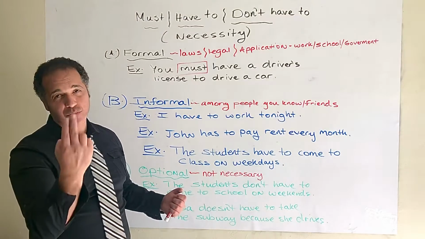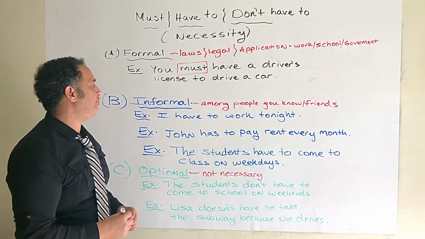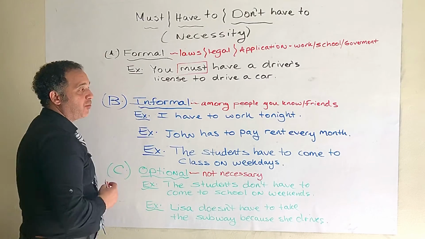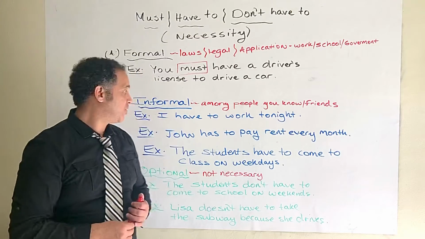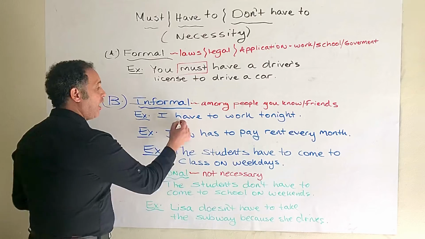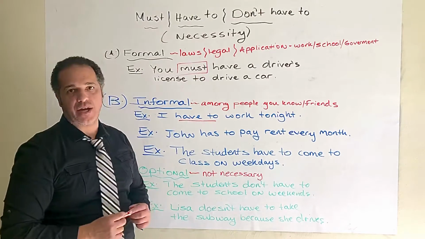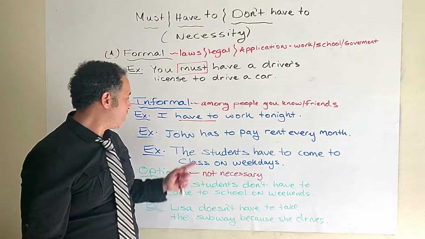Again, have to is more for spoken English, not necessarily something formal. Informal, among people you know, among friends of yours, that's when we use have to. I have to work tonight. That means it's necessary for me. I have no choice. I need to do this.